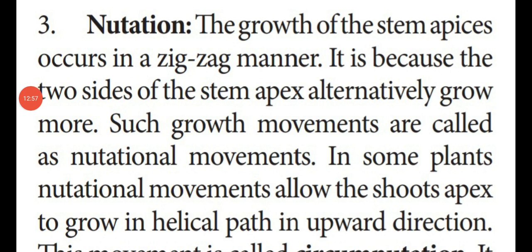The next type is nutation. The growth of the stem apex, that means the tip, shows a zigzag movement, that means left to right like that. This takes place because the two sides of the stem apex, that means the tip, alternately grow more.